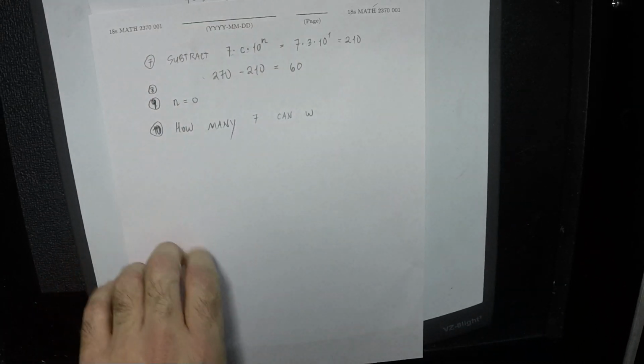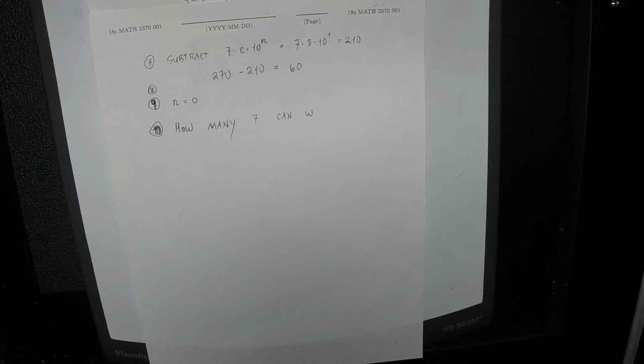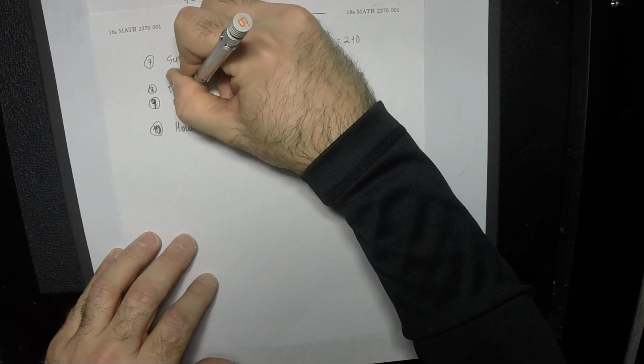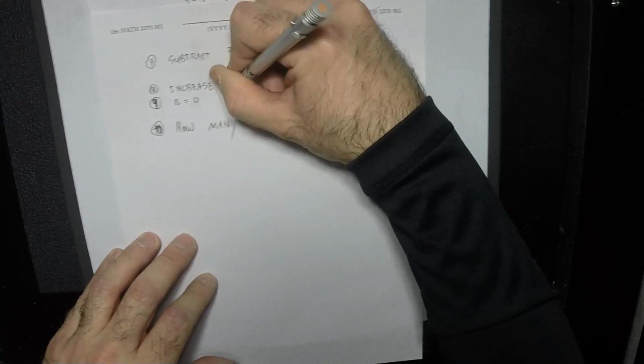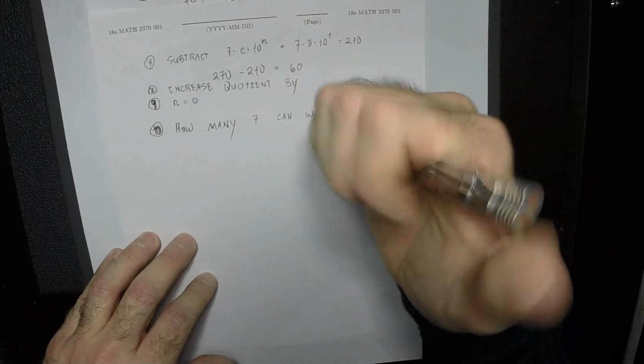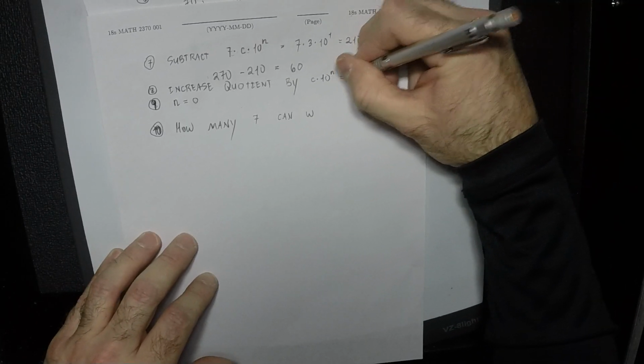So the current value of the quotient is 300, and we established that we were able to take away 3 70s. But we're interpreting 7 to be 7 times 10 to 1. So really that means that we increment the quotient by 3 times 10 to 1, which is 30. So we increase the quotient by C times 10 to n, which is 30.